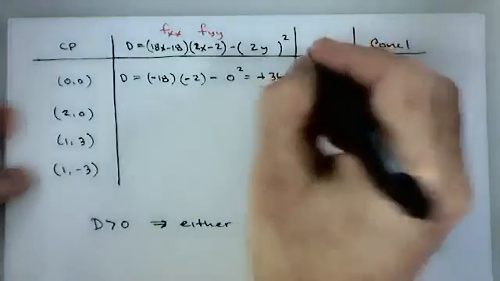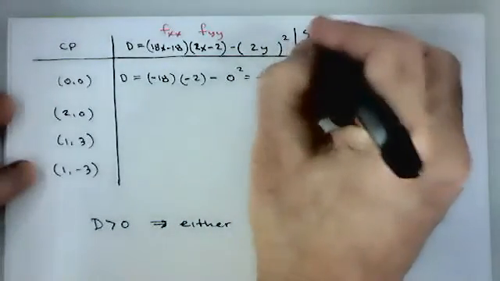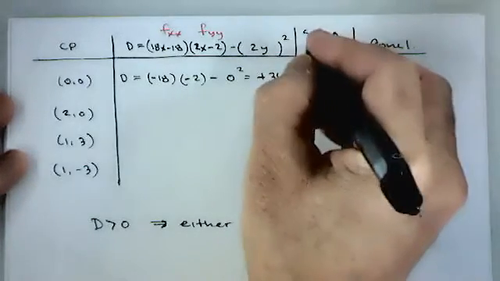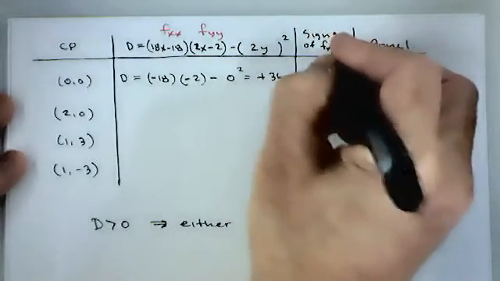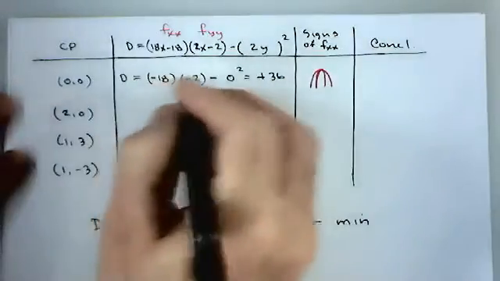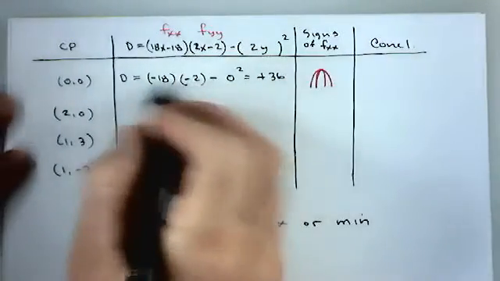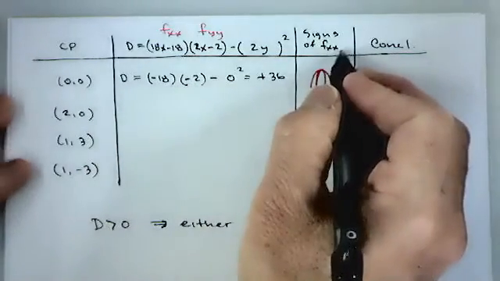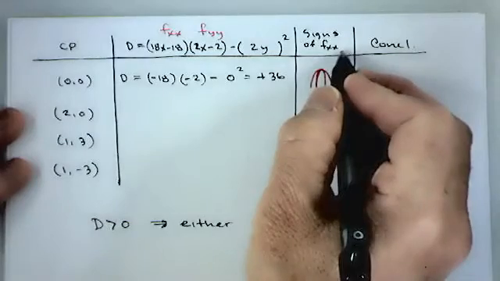So what the book tells you to do is look at the sign of f sub xx. You could actually do either one or both. If D comes out to be positive, these have to be the same sign, either both positive or both negative. So the book basically just tells you to look at the sign of f sub xx.